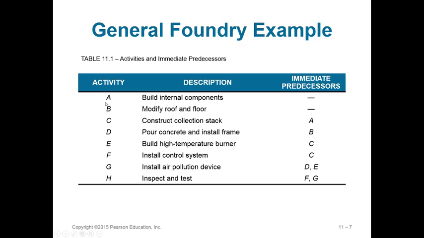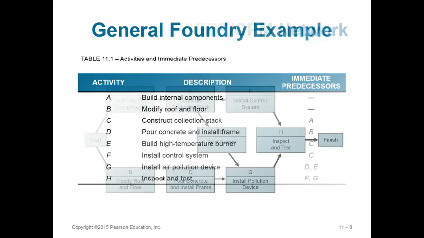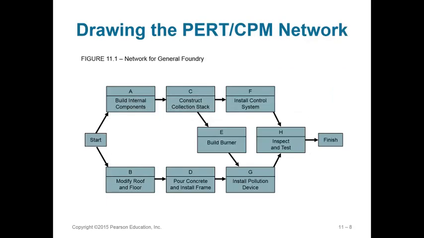So they're in a line of activities that go together, A and C, and B and D. Then E and F both require C, and G requires that both D and E have occurred, H that F and G have occurred. And you might think, wow, that's a puzzle. How in the world are we going to figure out how that's supposed to occur? Well, you need a graphical representation, and that's what this is.